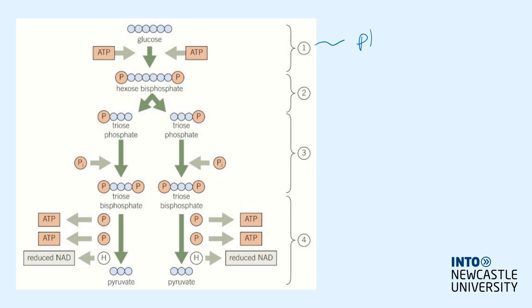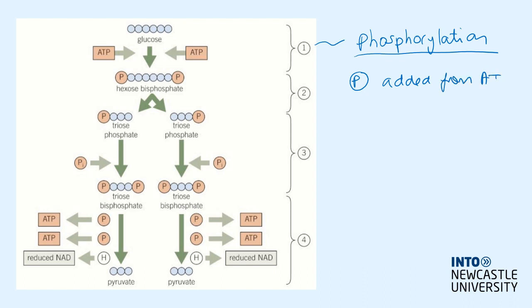This is phosphorylation. So remember, phosphorylation is adding a phosphate group. And what will happen here is that a phosphate group will be added from ATP. And actually, we're going to get this happening twice. So to begin with, we're actually going to use 2 molecules of ATP.